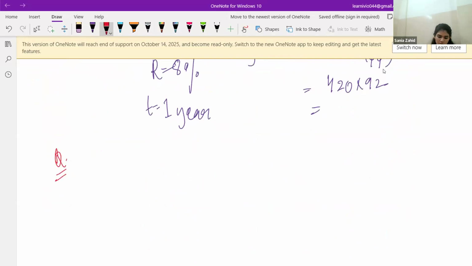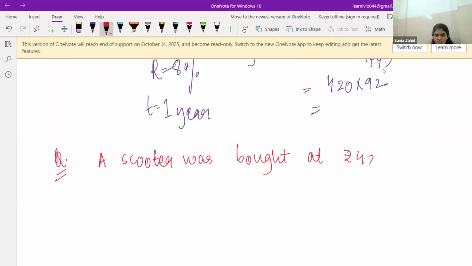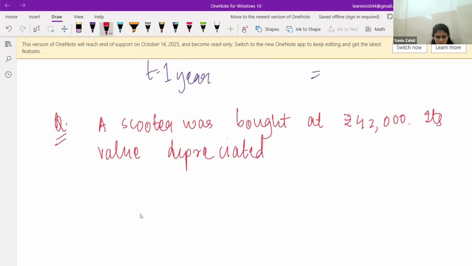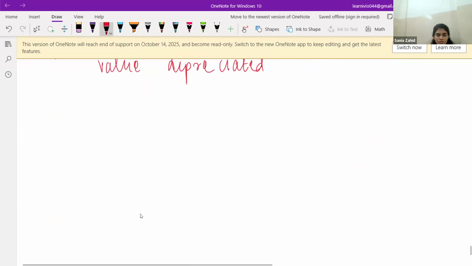Now the next question is: a scooter was bought at rupees 42,000, its value... Ma'am, it's the same question. Oh, sorry, children. I wanted to write the next one.